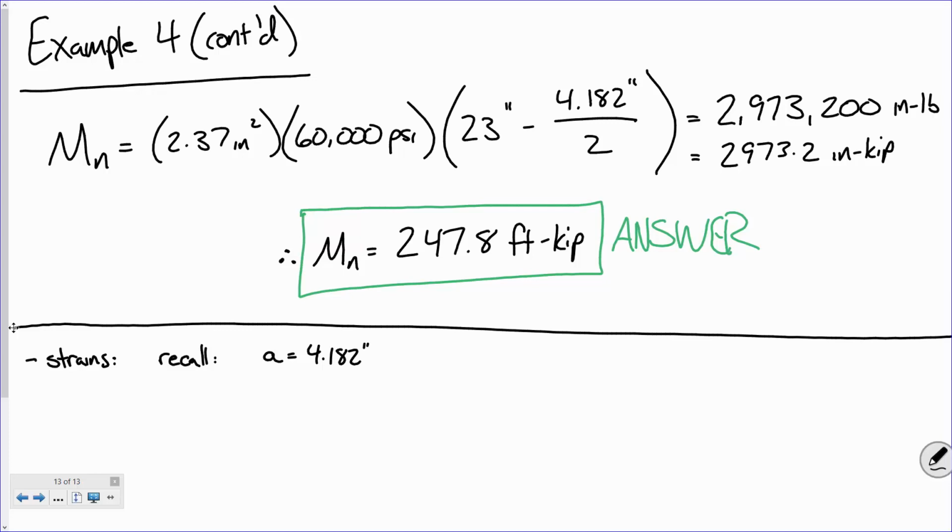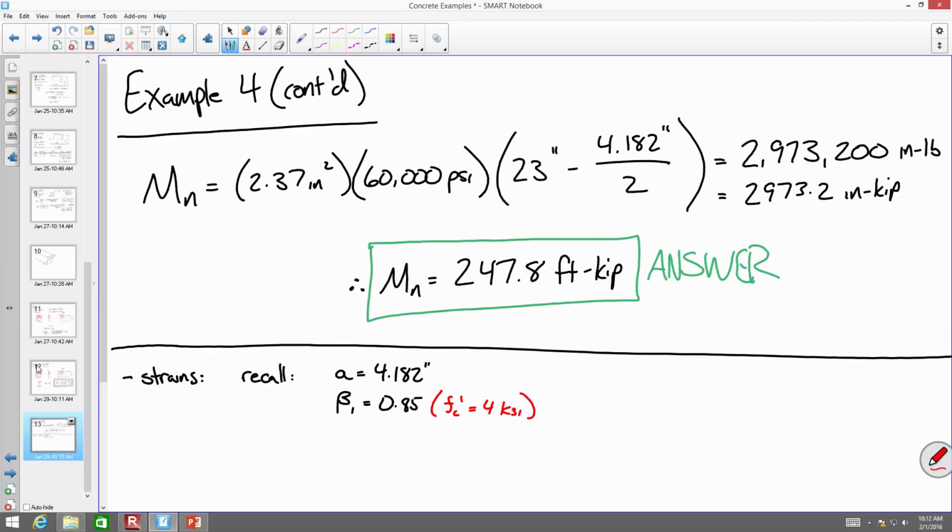Now, what is beta 1 going to be? I gave it to you for this problem, but we're going to make sure that we understand that. 0.85. And it is 0.85 because fc prime is 4 ksi, right? Again, make sure that we see where this is coming from.